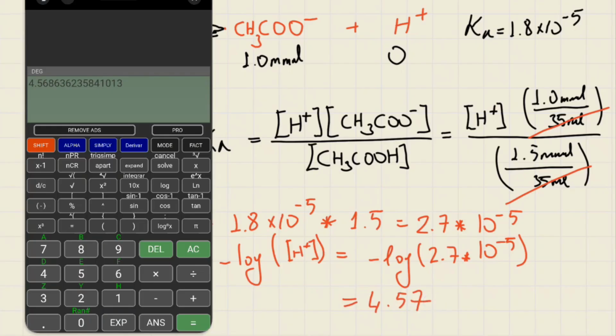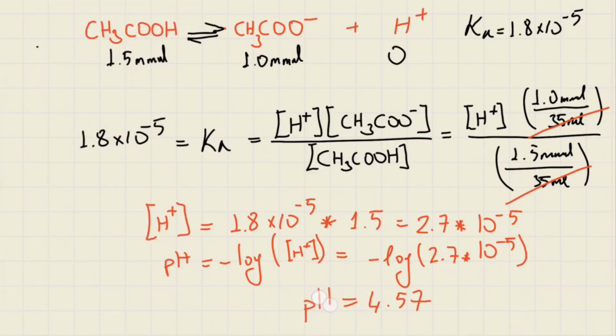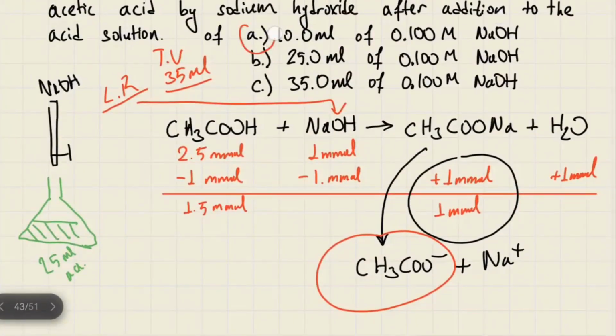I will use 3 significant figures. So this is our pH. So we made part A. So this was A, and here it is 4.57.